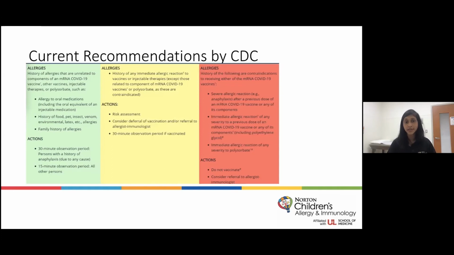You can still give it to them, but you would need a 30-minute observation period versus the initial 15-minute observation period. If a patient has a severe allergic reaction to COVID-19 vaccines or its components, specifically if they have a history of allergic reactions to polyethylene glycol or its monomers like polysorbate, do not vaccinate. Defer calling them allergic to the vaccines. Please consider a referral to an allergist.